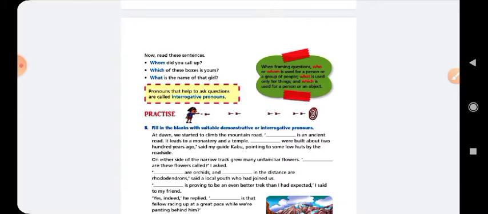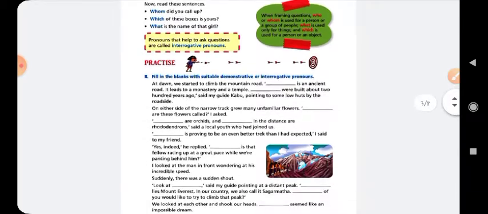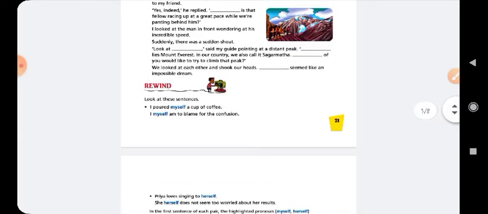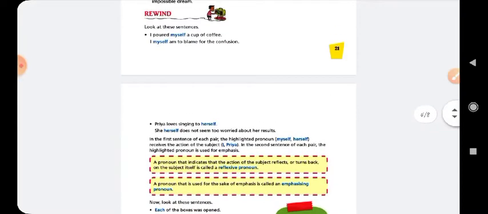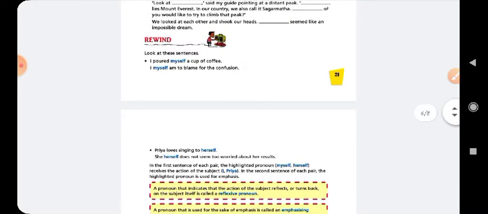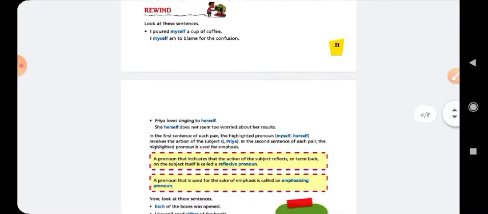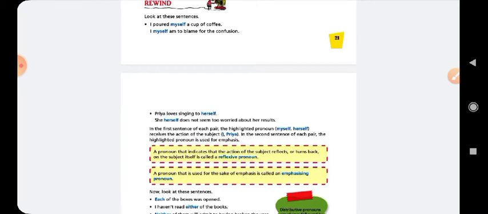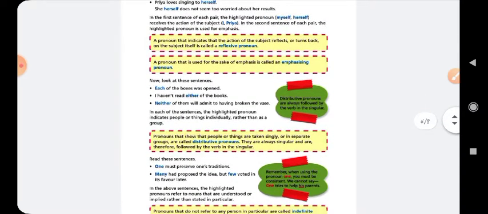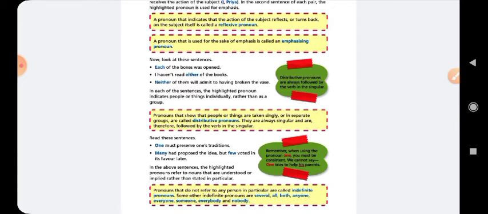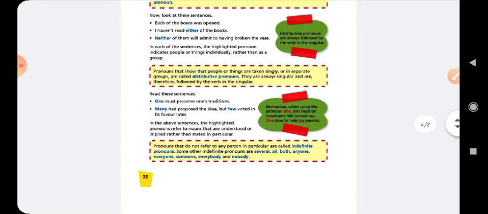There are many words used in interrogative pronouns, such as who, whom, which, whose, what, etc., which are used before the helping verb or main verb. And after that you have to know the difference between the reflexive pronoun and emphasizing pronoun, and how you can identify them. I told you in an easy way. And after that you will know about the distributive pronoun, and how you can use it in a sentence and identify it in a sentence.